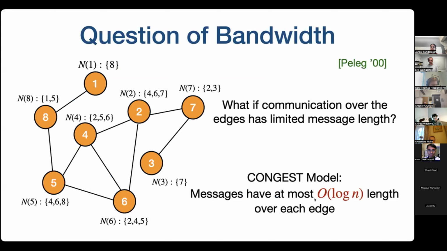And we're fixing this bandwidth to be order log n. This is the other standard model looked at in distributed computing called the CONGEST model. And this model was defined by Peleg in 2000. So here, whatever we talked about in the local model is exactly the same with regards to what the vertices know and have. The only constraint is the bandwidth over the edges is limited to order log n, and they cannot send long messages of arbitrary length.